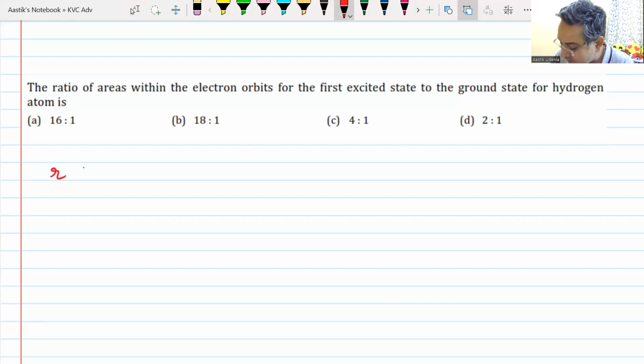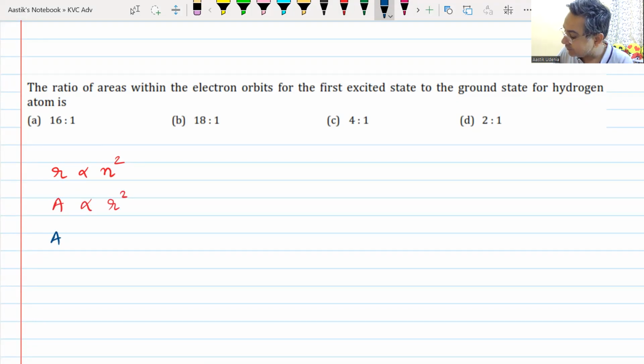You must remember that the radius of the Bohr orbit for hydrogen atom, Z is 1 and it is constant. So it is directly proportional to n square. Yes or no? Yes, sir. Area is proportional to r square. Yes or no? Yes, sir.